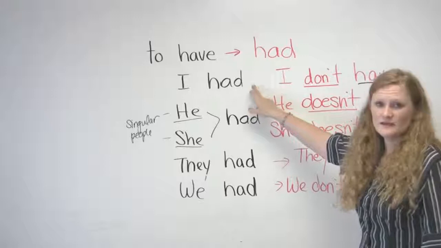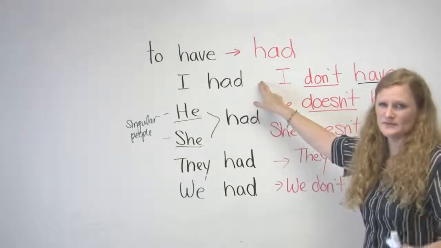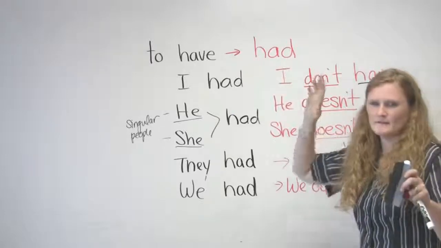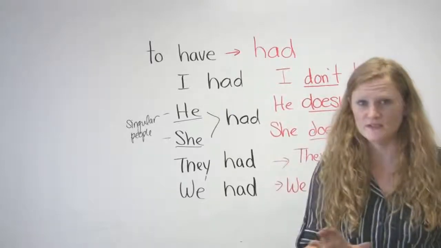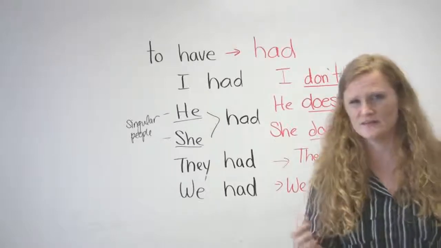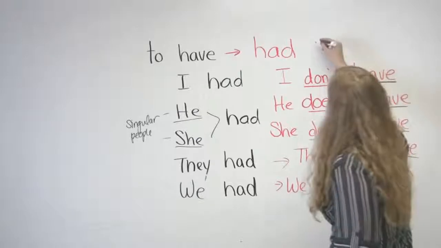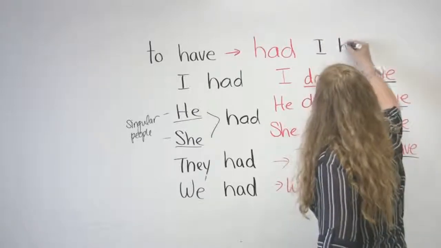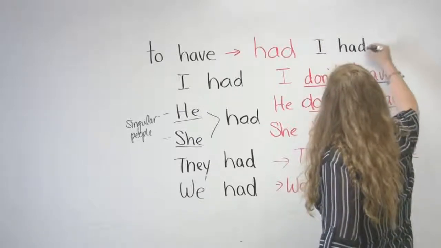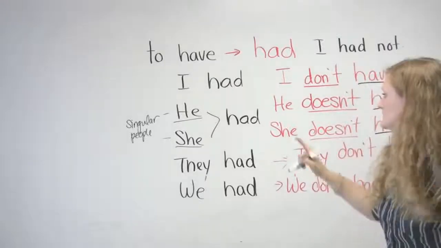When we change the past of had into the negative is where it becomes a little difficult. Back in old school English, and I think a lot of the times in Britain and in British English, you can say, I had not.